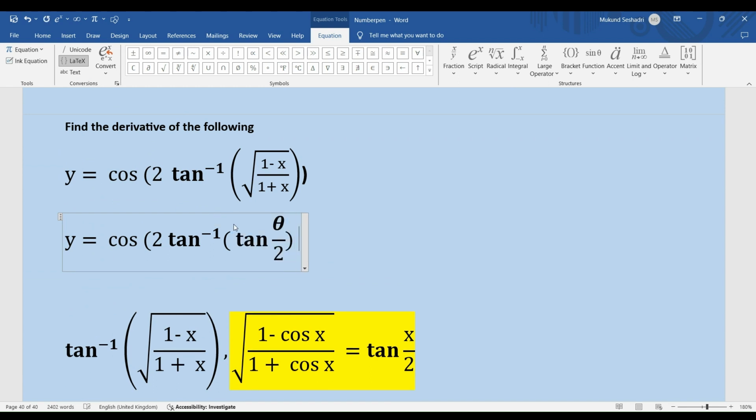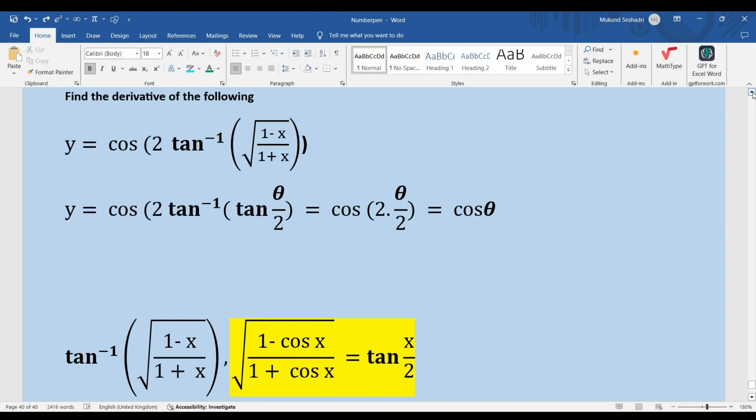My tan inverse of tan theta by 2 is nothing but theta by 2, which means I have 2 times theta by 2, and we are left with y equals cos theta. I cancel out the 2 and I'm left with cos of theta.